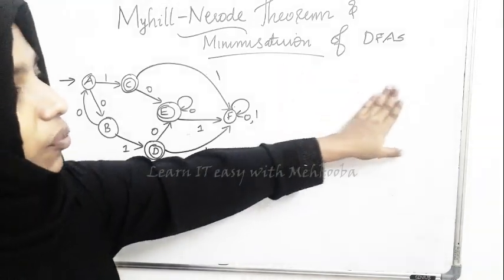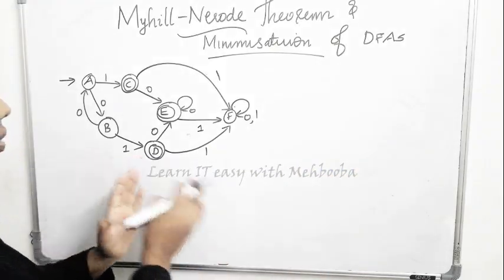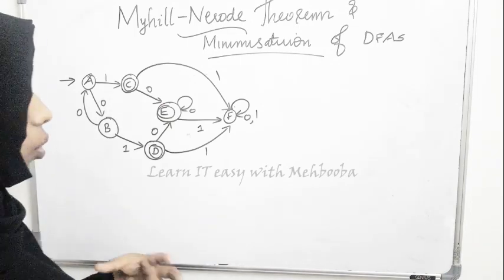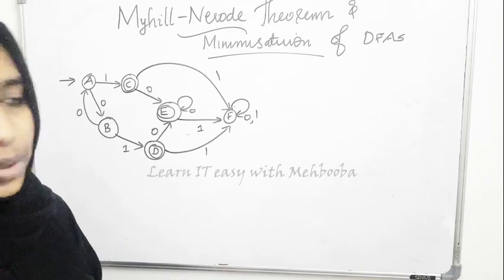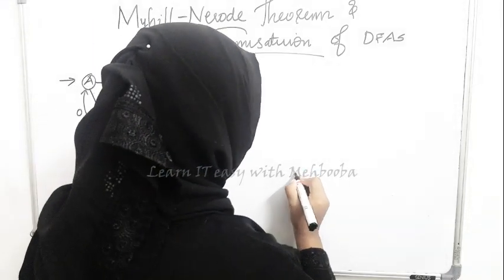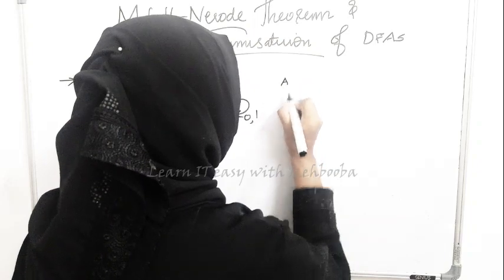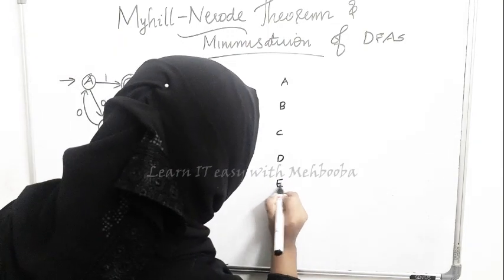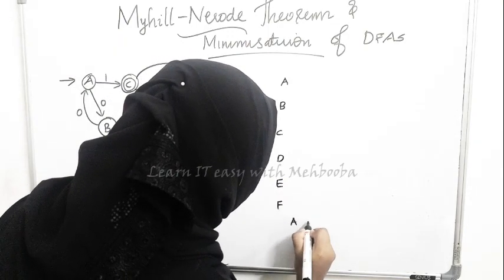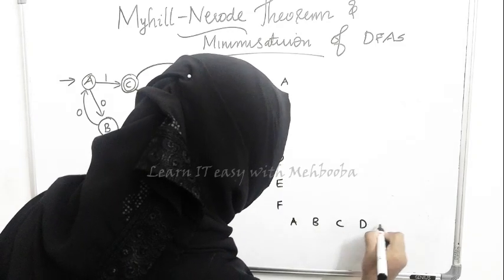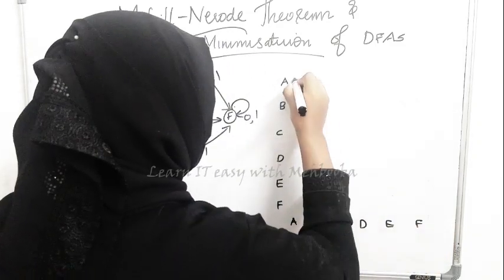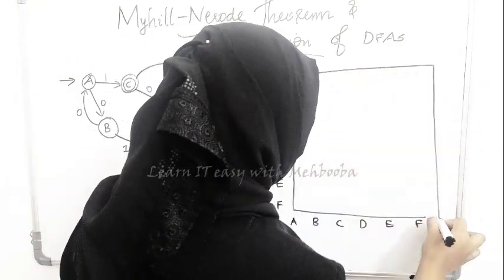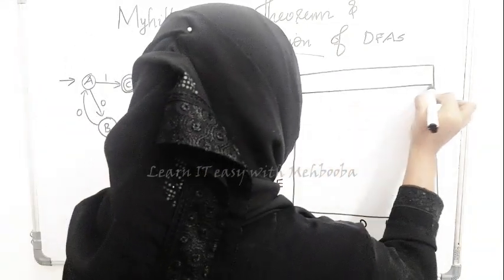For that, we have to create a pairing of all the states in the DFA so that we can check whether some pairs of states are equivalent or not. So I am writing all the state names A, B, C, D, E and F. Now we will create a table for the state pairs.